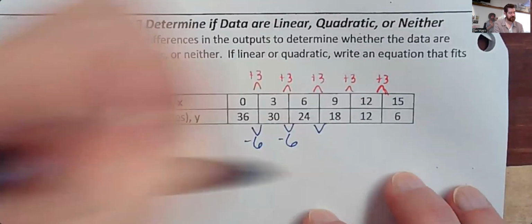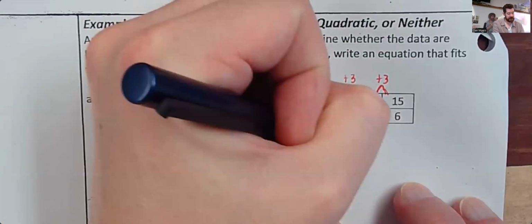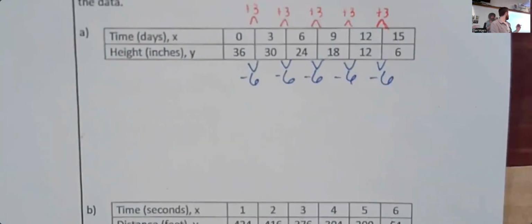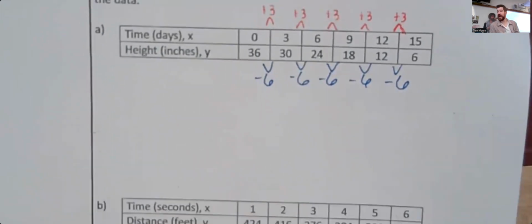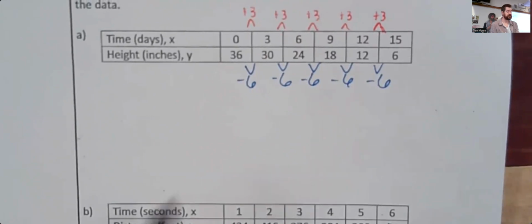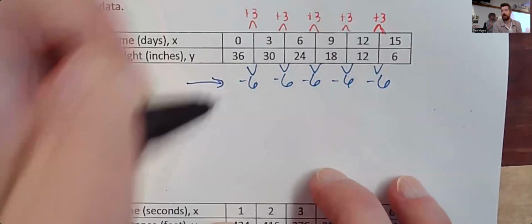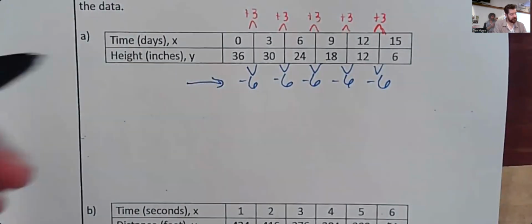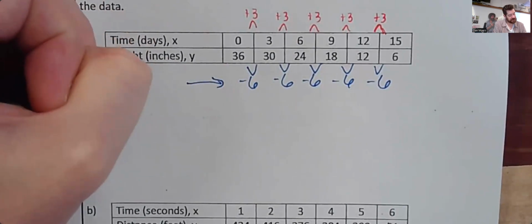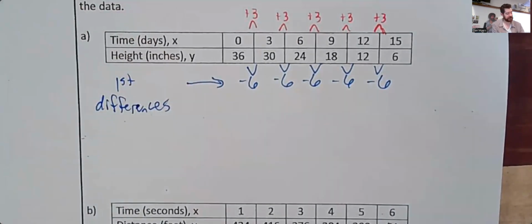Decrease of 6, 24 to 18, decrease of 6, 18 to 12, minus 6, and then 12 to 6, minus 6. Okay, so these right here are what are known as first differences. The differences between the y values are consistent. So we're going to say first differences are congruent.